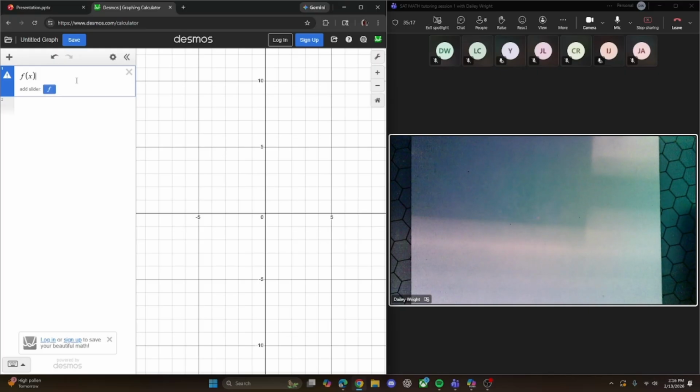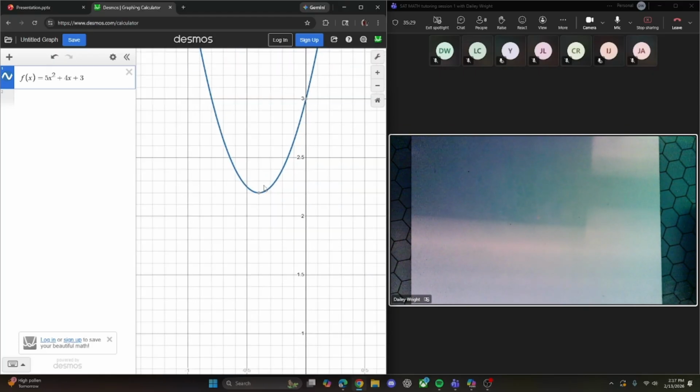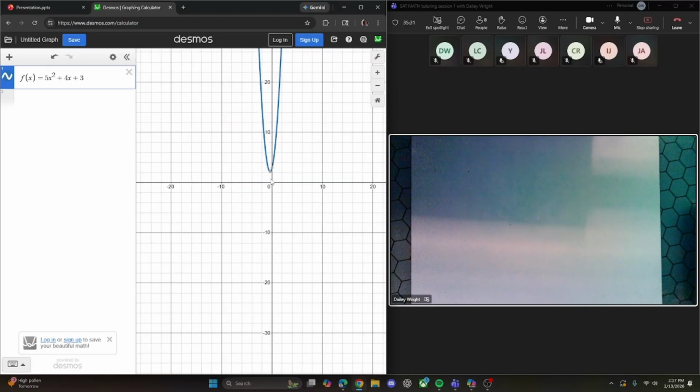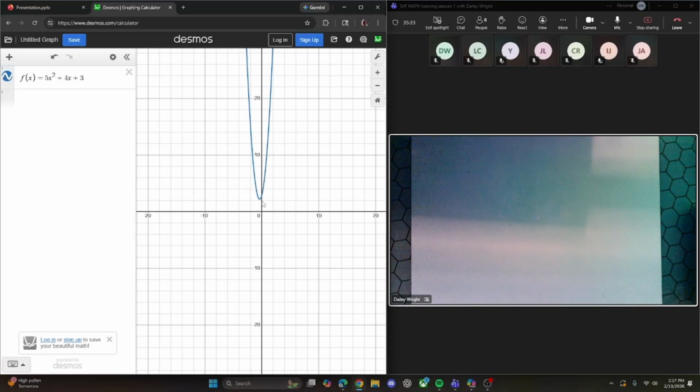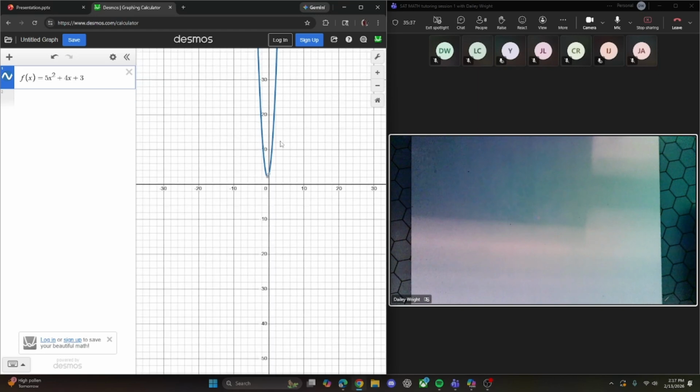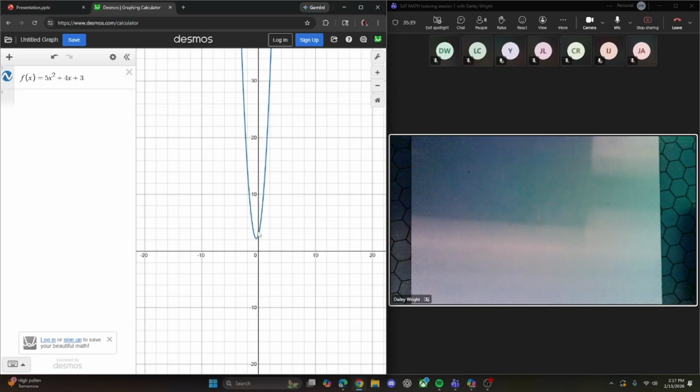Let's say f of x equaled 5x squared plus 4x plus 3. This is your vertex. It's going to be that little endpoint right here. And a lot of equations are going to ask you to find the vertex. So make sure you know what the vertex is.